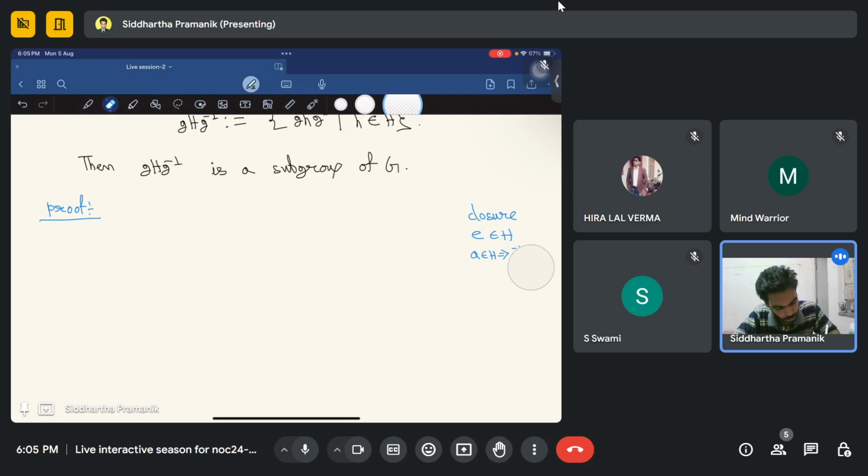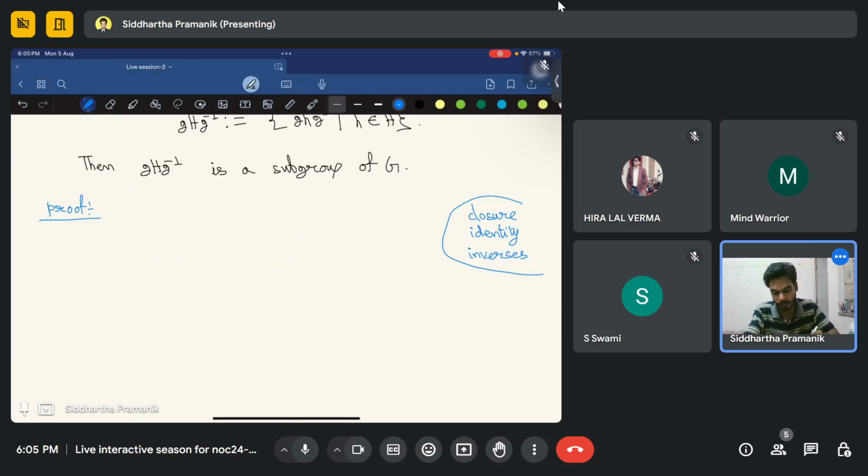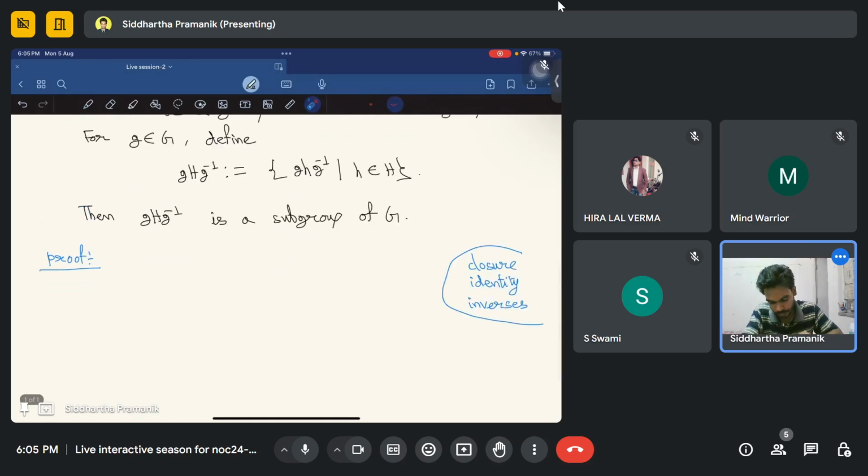So let me write these down. We need to check these three properties for the set gHg inverse. Okay, so let's start with the first one.